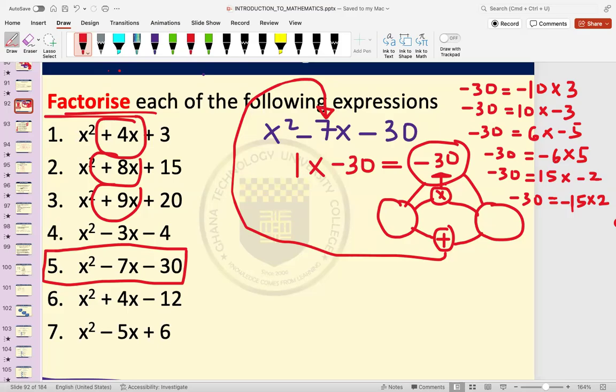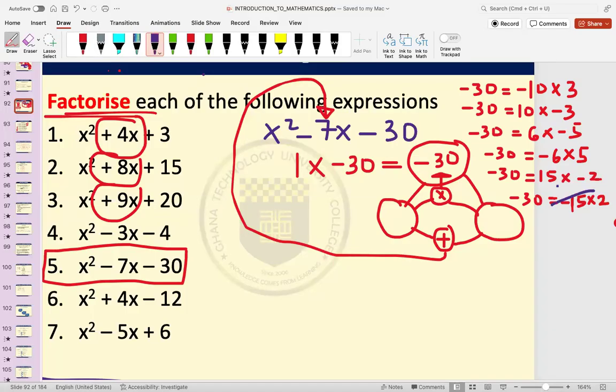In terms of multiplication, we don't have a problem here. But the problem we have is, which of them can we add to get us our negative 7 we are looking for? And that is the second search you do. If I add negative 15 to 2, it will not give me negative 7.